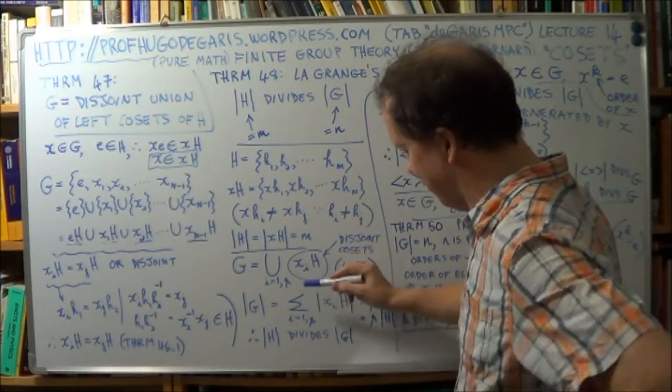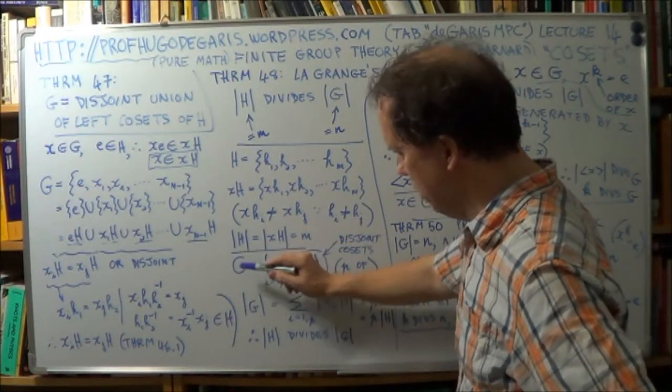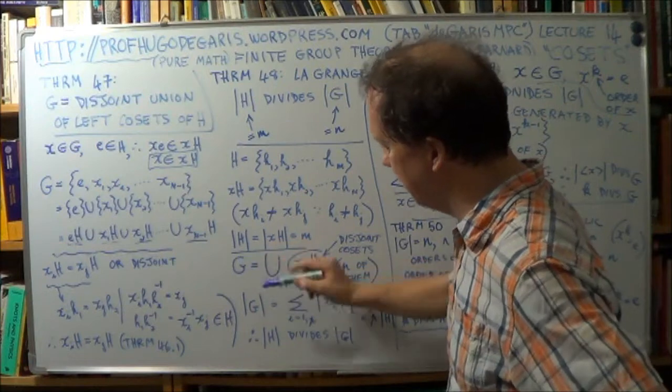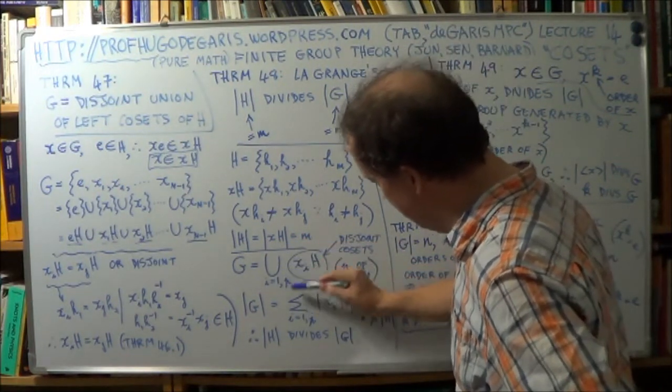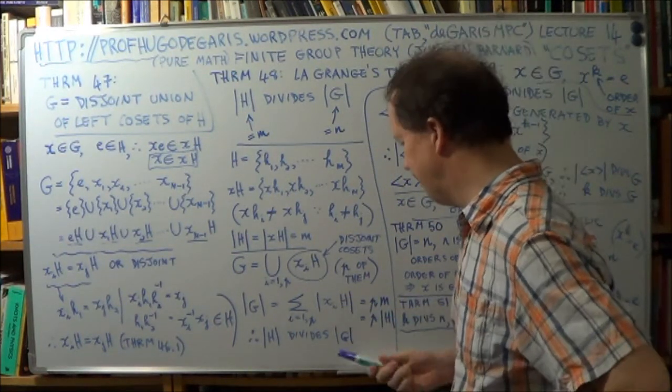Perhaps I should have written this out in a few more lines, but taking the absolute value of G, or the size of G, is the same as doing this, because they're disjoint. So you get this kind of thing.